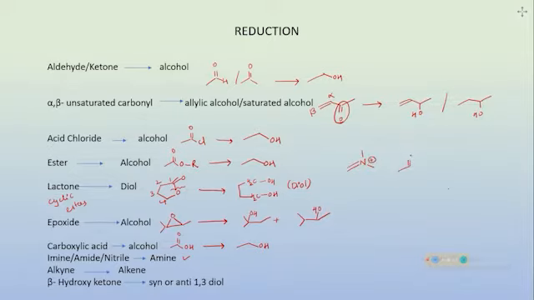Amide, C double bond O NH2 is called amide, and C triple bond N is called nitrile. These on reduction produce amines. Alkyne. What is alkyne? R C triple bond C R dash is called alkyne. This on reduction can produce either cis alkene or trans alkene.